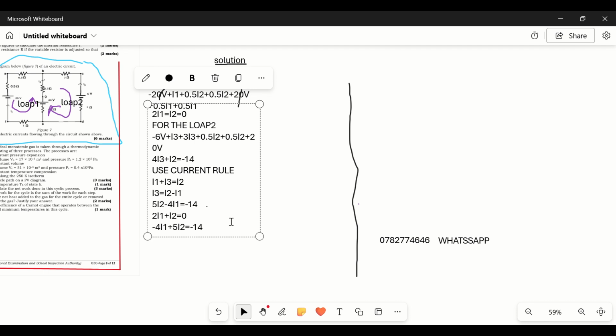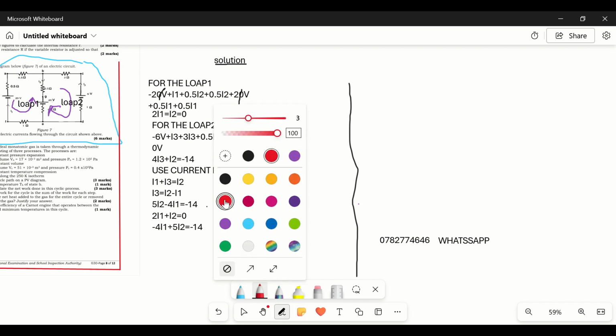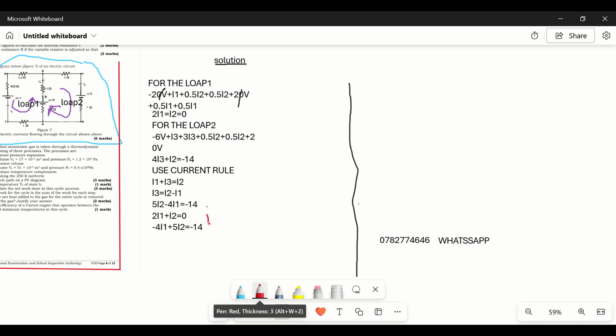We can make it a simultaneous equation. After getting this as a simultaneous equation, we can multiply by any number that can make it easy.